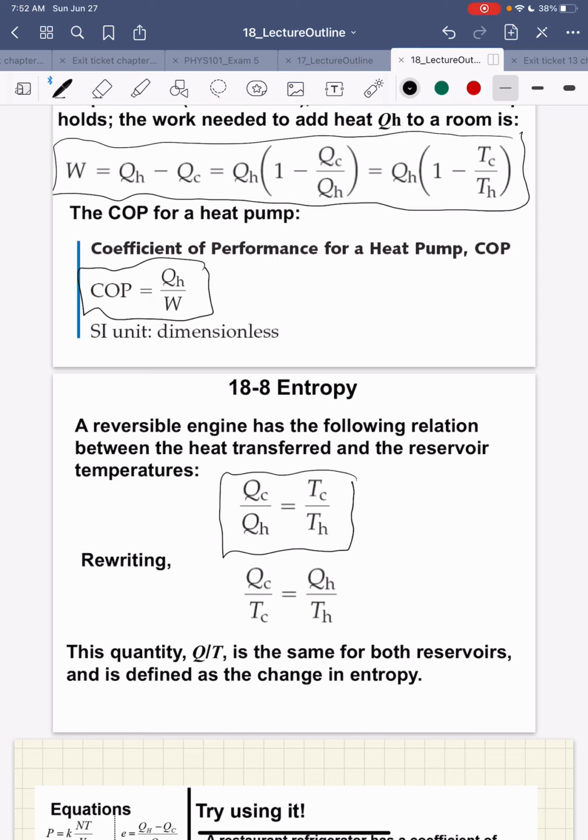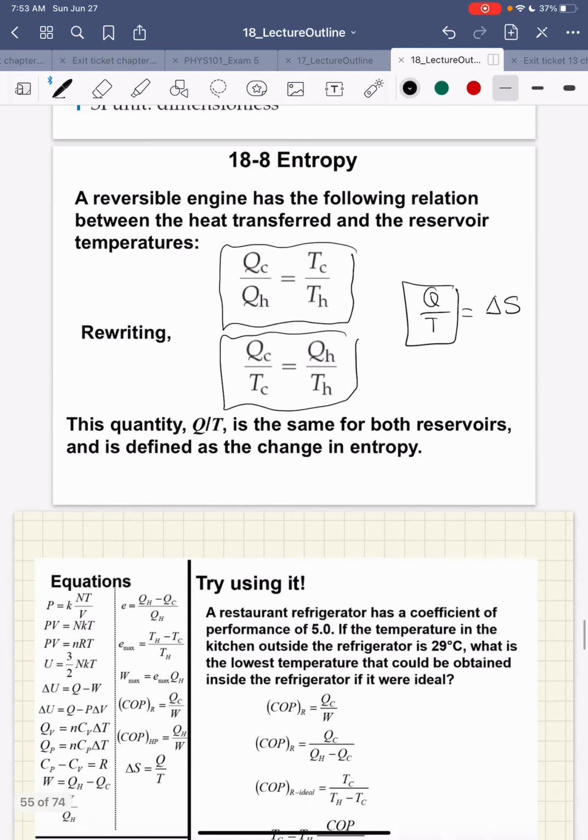We can actually rewrite this equation by just rearranging things, and then we're going to have Q cold over T cold equals Q hot divided by T hot. This quantity, which is the same for both reservoirs, is defined as the change in entropy. Then Q over T, we call it change in entropy. We use S for entropy.